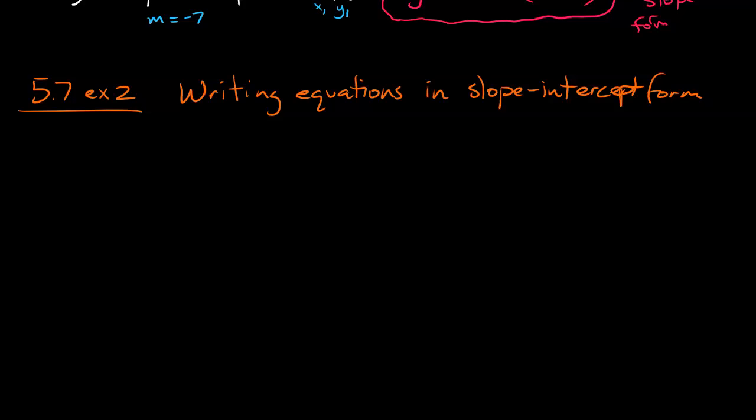Slope-intercept form is y equals mx plus b. The m stands for slope. The b is the y-intercept, the point that crosses the y-axis.